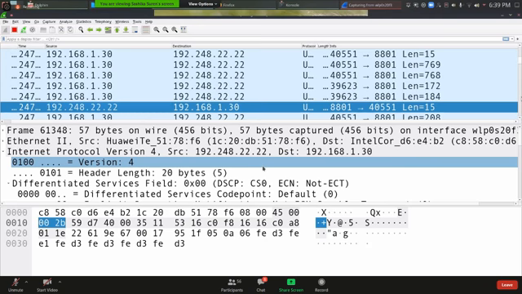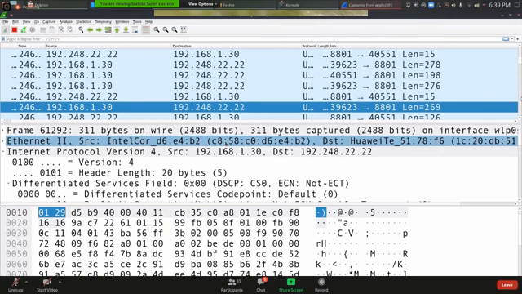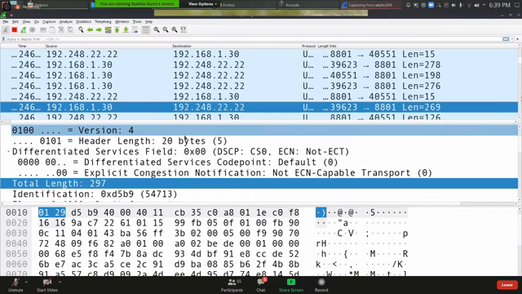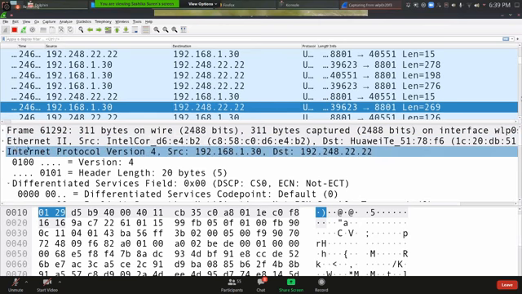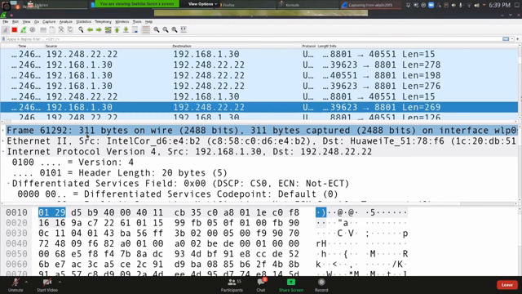I just want to show you another interesting thing. This is again an interesting concept. You will see here that the packet frame size is 311 bytes. The frame size means the total data packet size, including all the headers, TCP and IPv4 headers, and data. Everything included, it is 311 bytes.